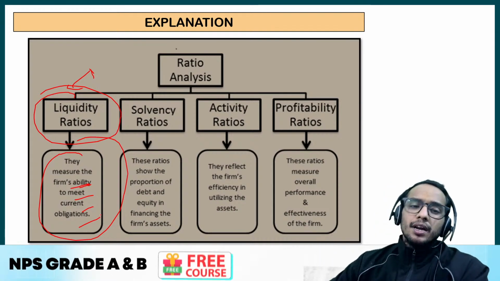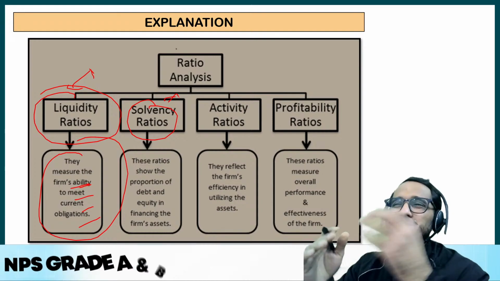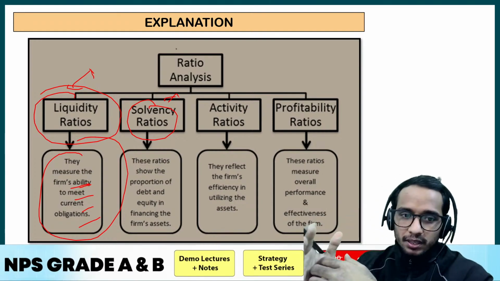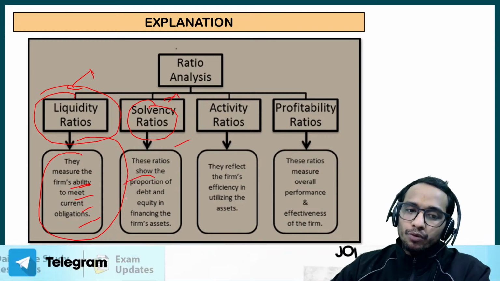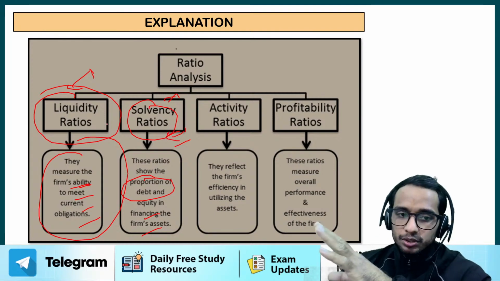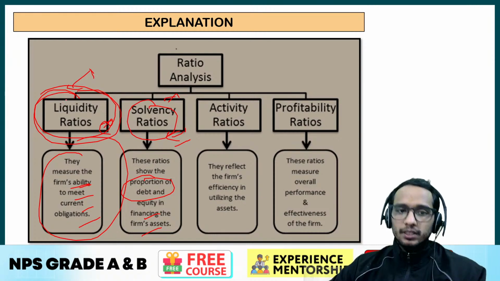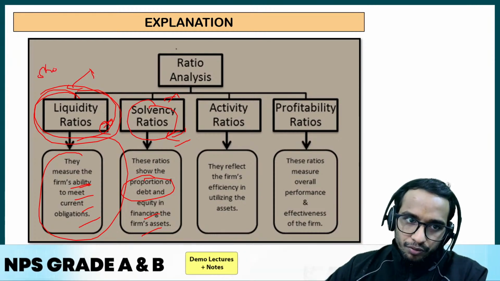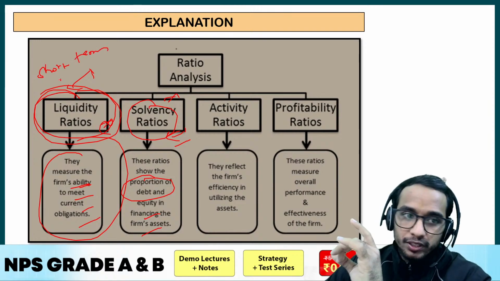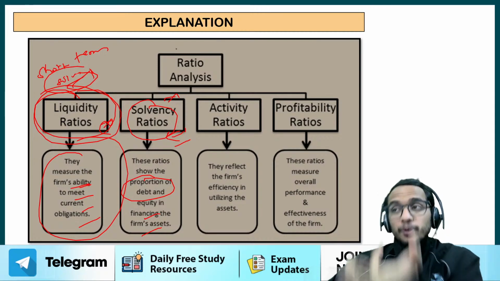Now what do we have in the solvency ratio? In the solvency ratio it is comparing the overall debt with the overall equity. These ratios show the proportion of debt and equity in financing the firm's assets. This is your solvency ratio. Liquidity ratio talks about short term solvency. Let me write it down for you. What is your current asset with respect to current liability?